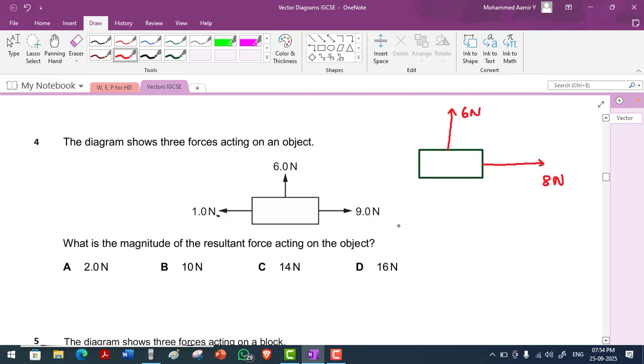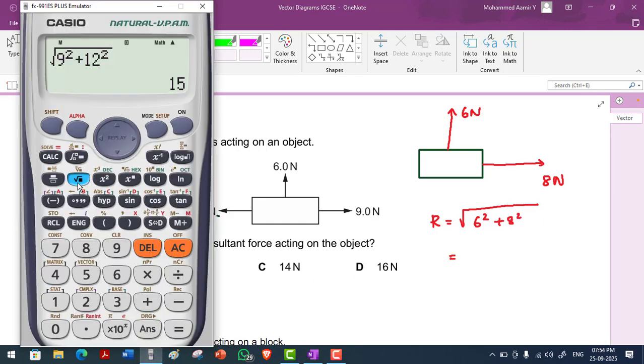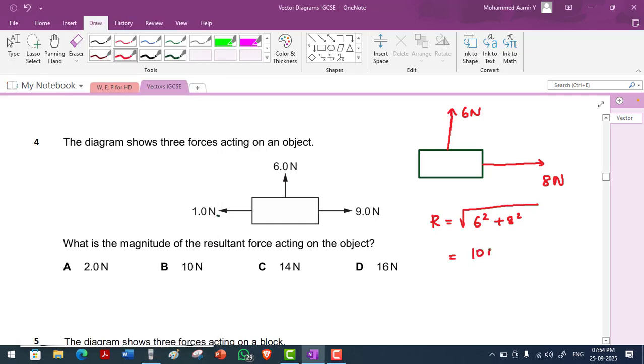What is the resultant magnitude? Magnitude means value, size. If they ask, I will go for Pythagoras theorem. So 6 square plus 8 square. You can write 8 square plus 6 square, that is also fine, no problem. That is equal to 10. So 10 newtons will be the result. So B option will be the right answer.